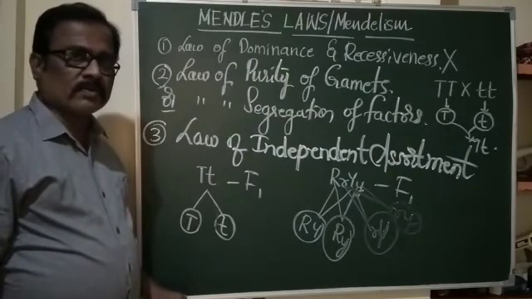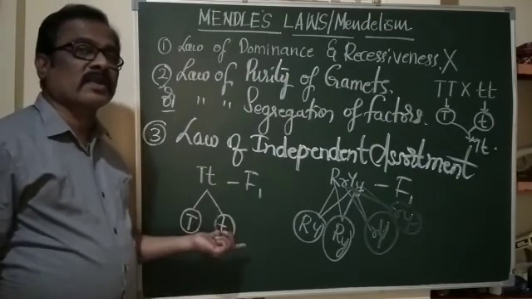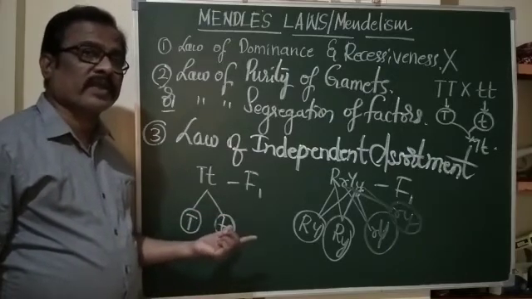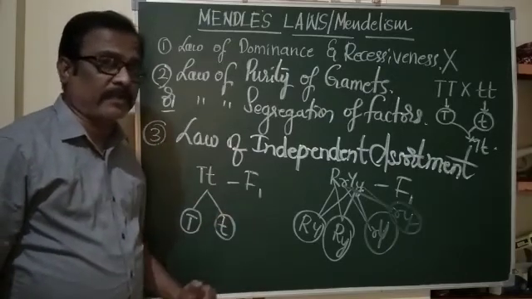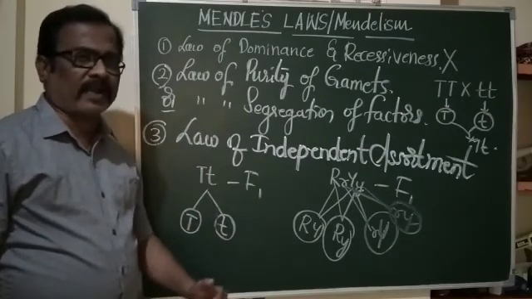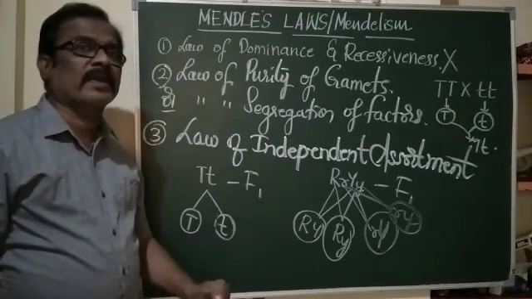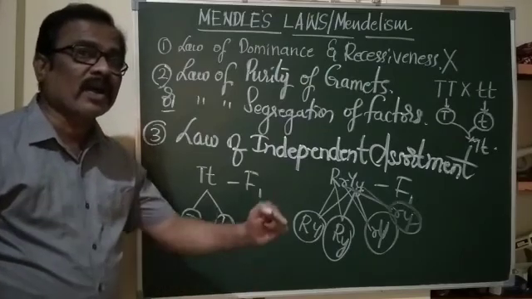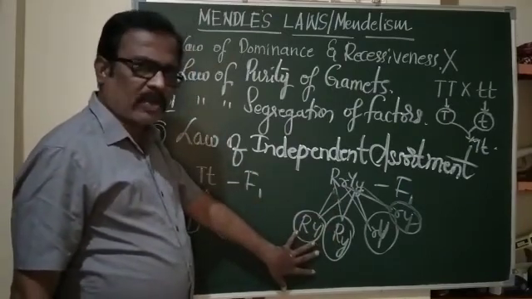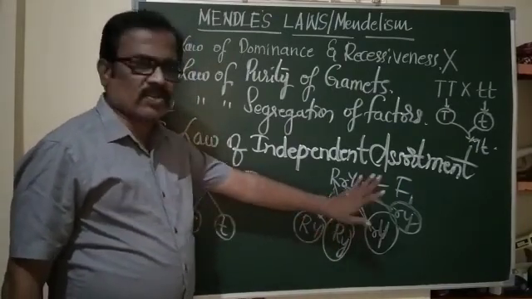In the sense, round is not depending on yellow, wrinkled is not depending on green.